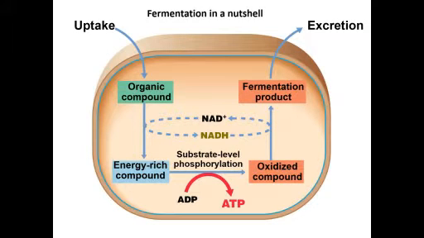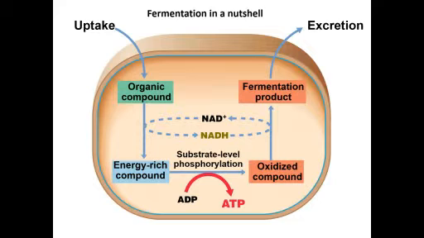Here the cell takes up an organic compound, like glucose. In this case, glucose, you're going to take it, and in the process, you're going to take away some phosphate groups from it.